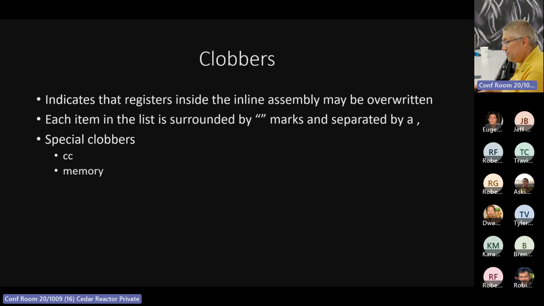And then there's memory, which basically tells the compiler that the code performs a read or write to the operands, and that the compiler needs to flush the register value before executing the ASM code.